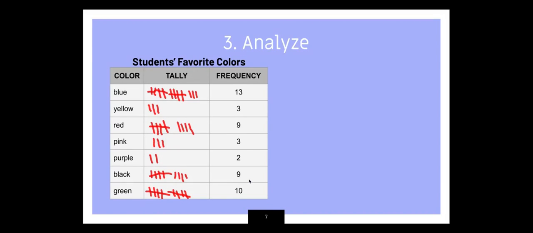So let's look at a few questions that we can answer with the data. This first question we have is, how many 4th graders responded to this question? Well, we know that some answered blue, and it was chosen most frequently. We know that some answered yellow and red and pink, purple, black, and so forth. So now that we know what each response is, each tally represents a 4th grader's response.